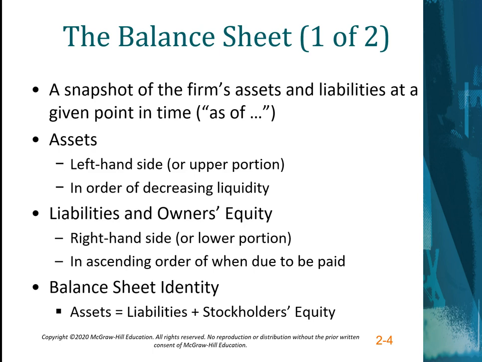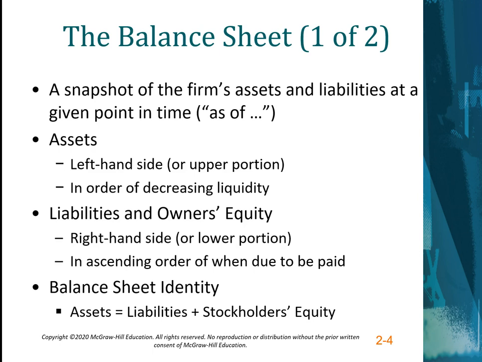And they are shown in order of decreasing liquidity. What that means is how quickly we can convert those assets into cash. So naturally, cash would be first because it's already converted into cash. And then when you move down the balance sheet, things that would take longer to convert into cash are listed later in the list of assets.